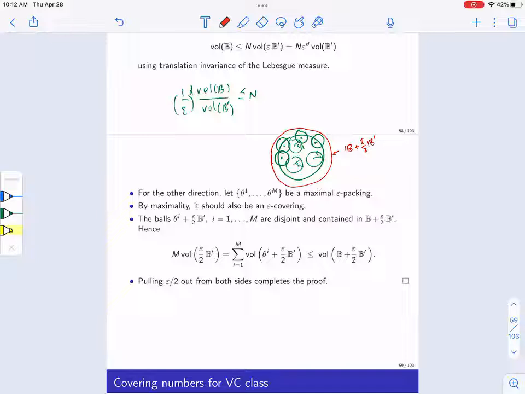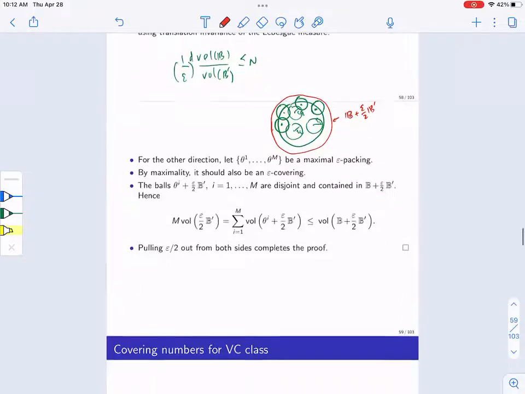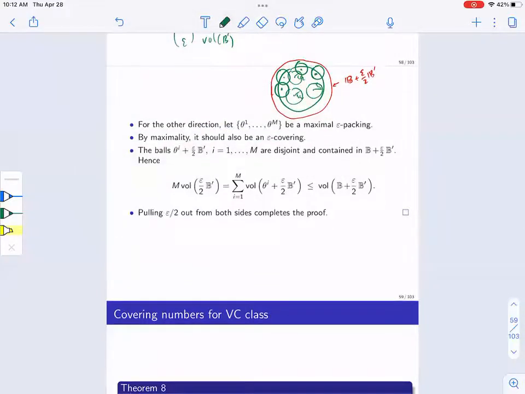In any case, I know that the union of theta j plus epsilon over 2 B prime, j from 1 to m, is contained in B plus epsilon over 2 B prime. Then I take the volume of both sides, so I get the volume of this is less than the volume of B plus epsilon over 2 B prime.